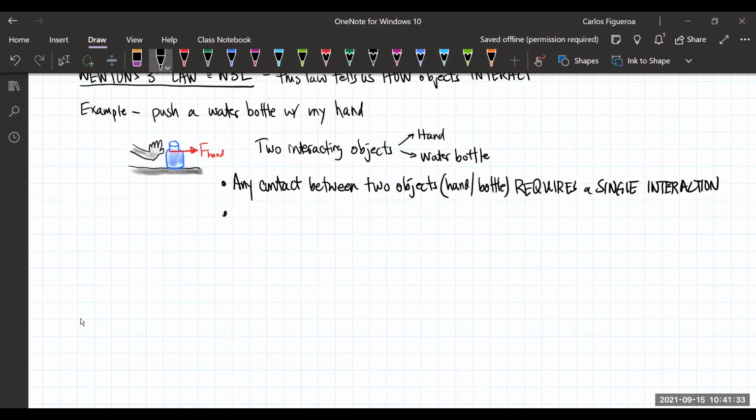And then we say that this single interaction requires not one force, but two forces.